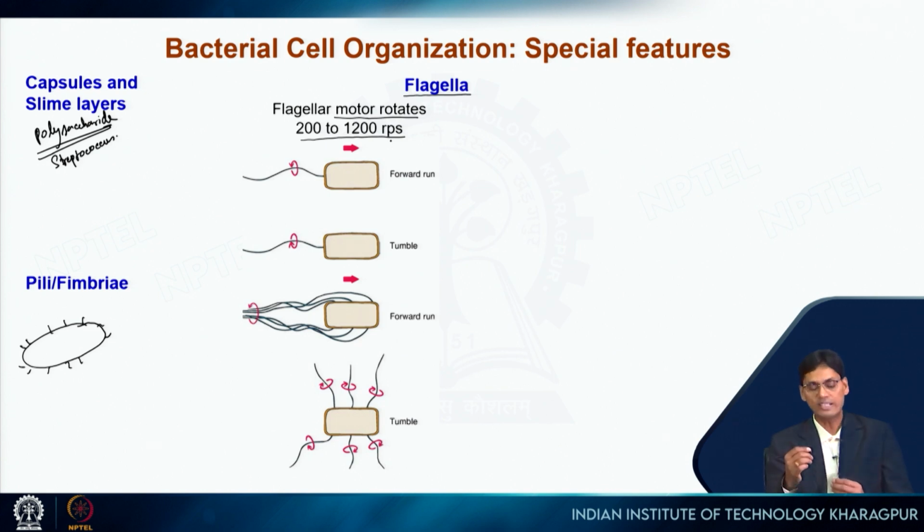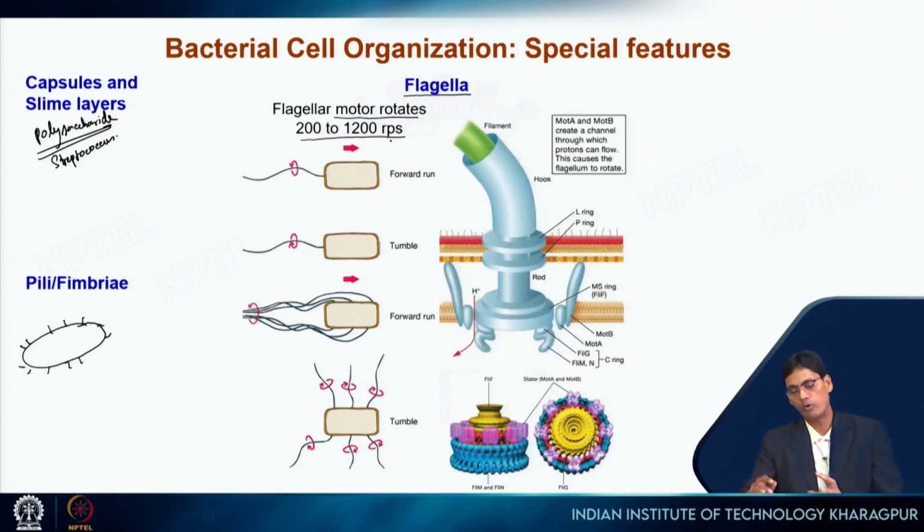Based on the direction of their movement, different types of motion can be observed in bacteria. We don't need to go through the details of the structure, but I am trying to show how a complex system can be integrated even in a small cell like a bacterium. So this is the organization of the flagellum.